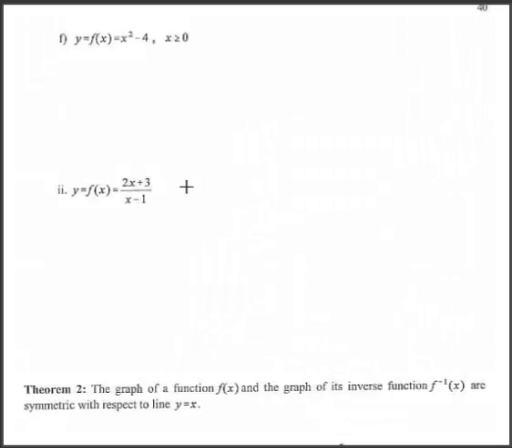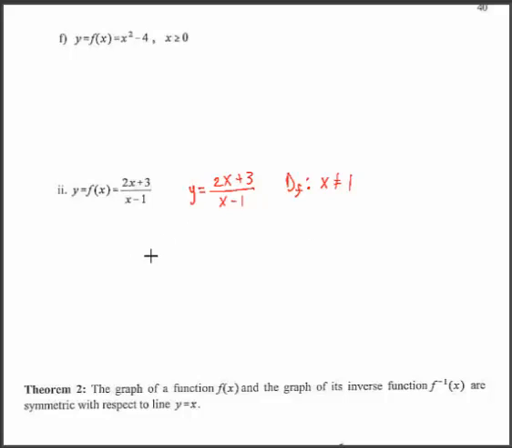Okay, so I will take this expression for f, y equals (2x plus 3) over (x minus 1), and note that for the domain of f, x cannot equal positive 1.